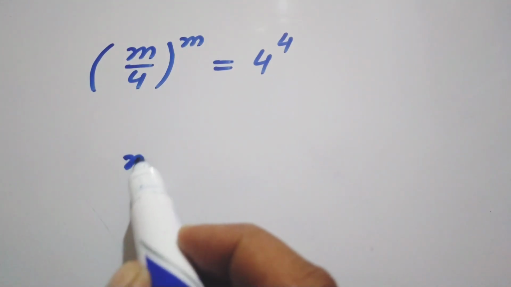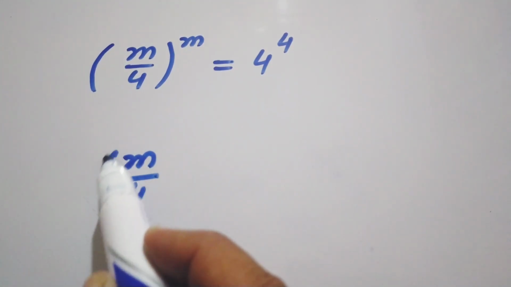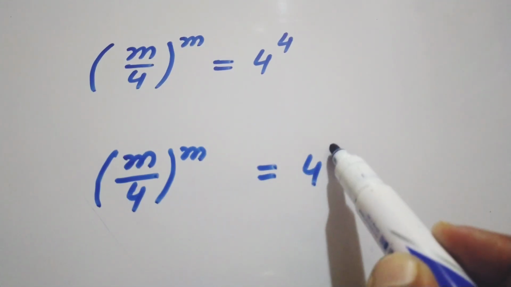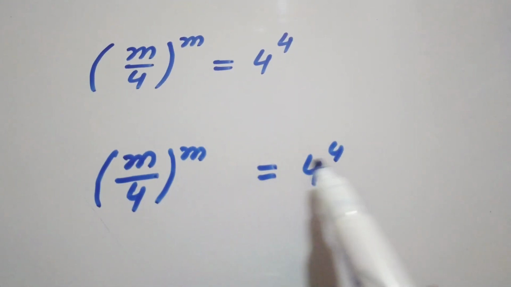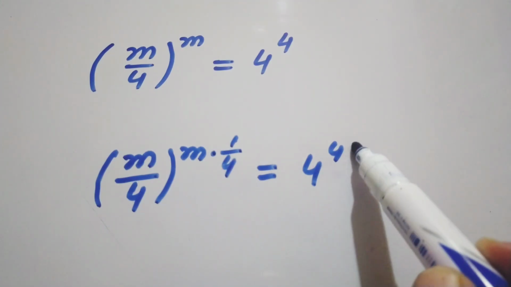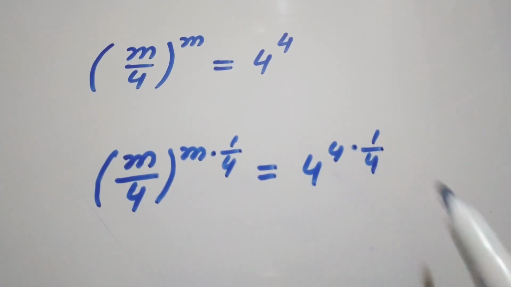Now m divided by 4 whole power m is equal to 4 power 4. Multiplying both sides of the exponent by 1 by 4, here 4 multiplied by 1 by 4.